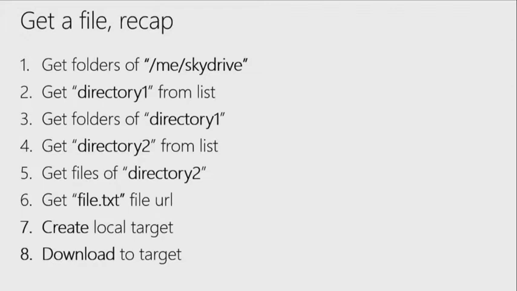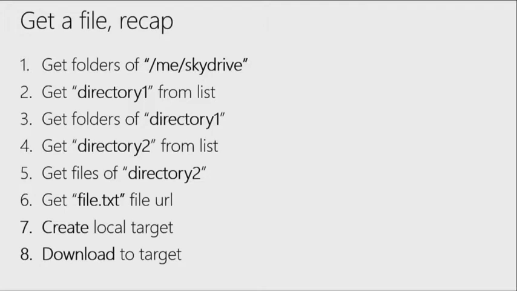So let's recap that. The whole flow was, first of all, we need to get the folders that are in Me SkyDrive. We then need to find directory 1 from that list. Once we've got directory 1, we will then want to get a list of the folders that are in directory 1 to find directory 2.